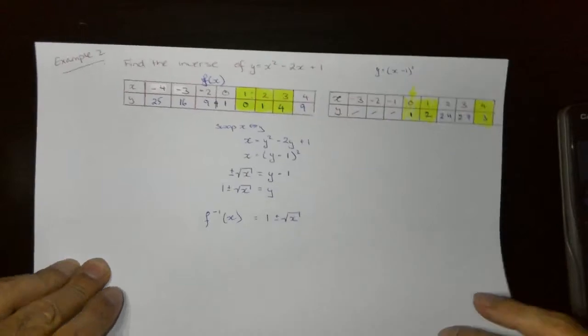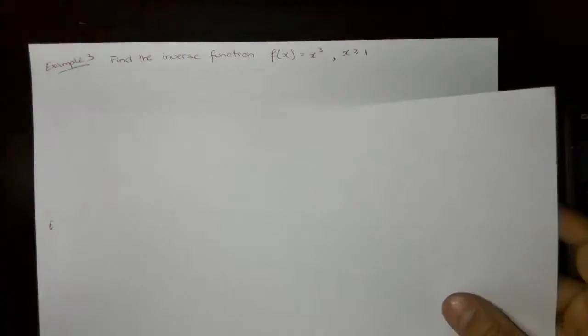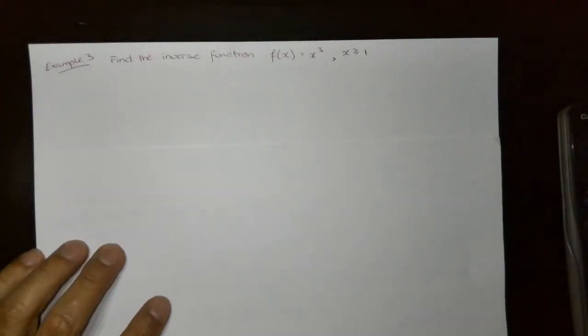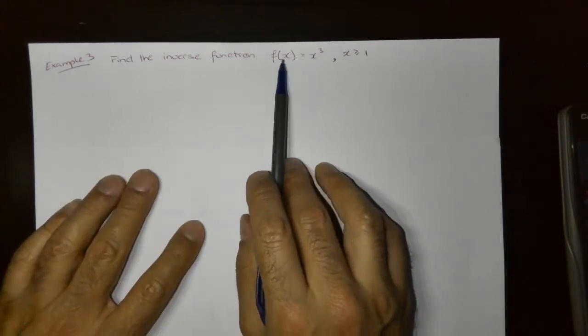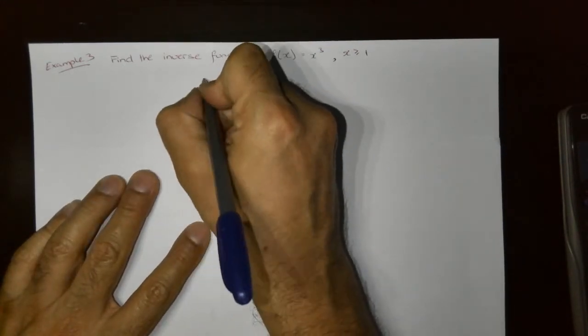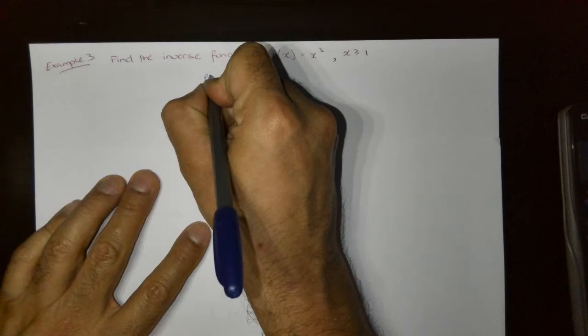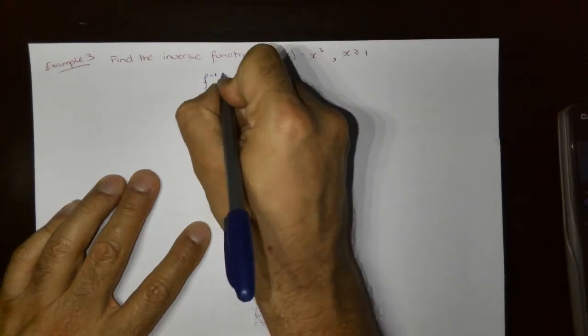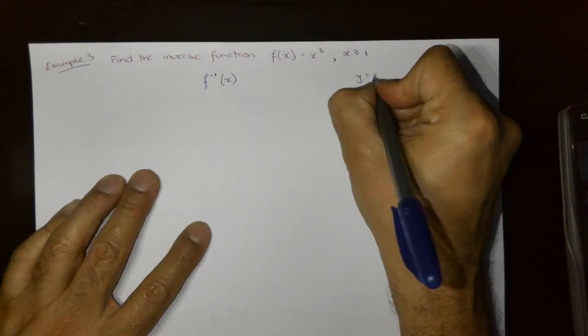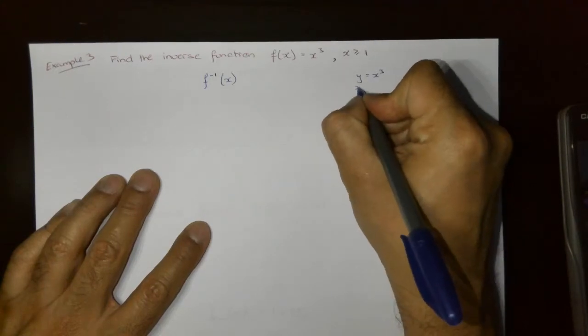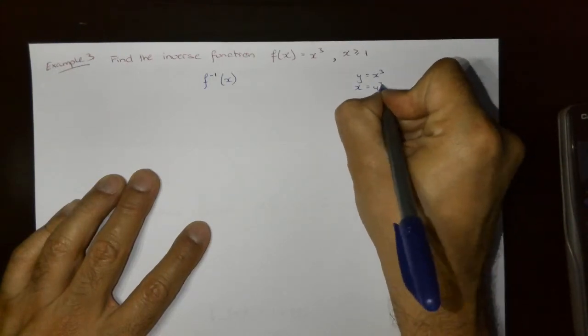Some more examples. We want to find the inverse of f of x being x cubed. So we've got y equals x cubed. Let's swap them around: x equals y cubed.